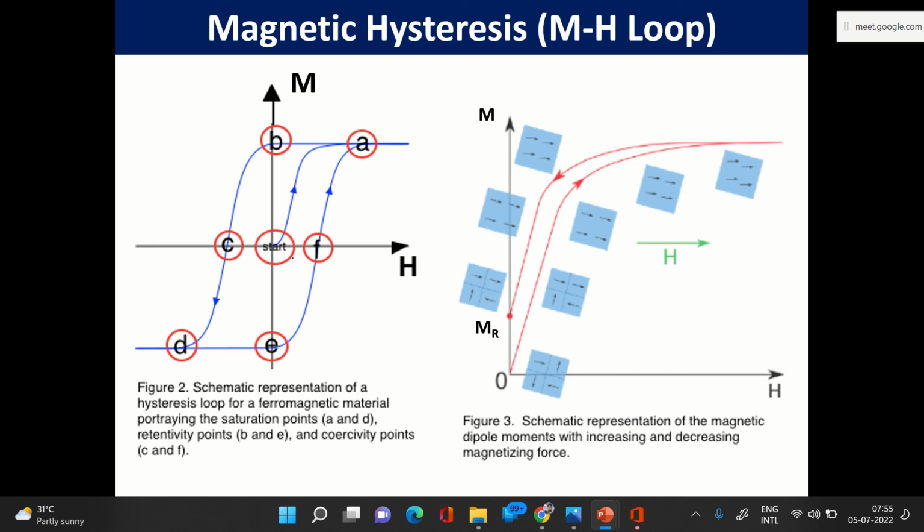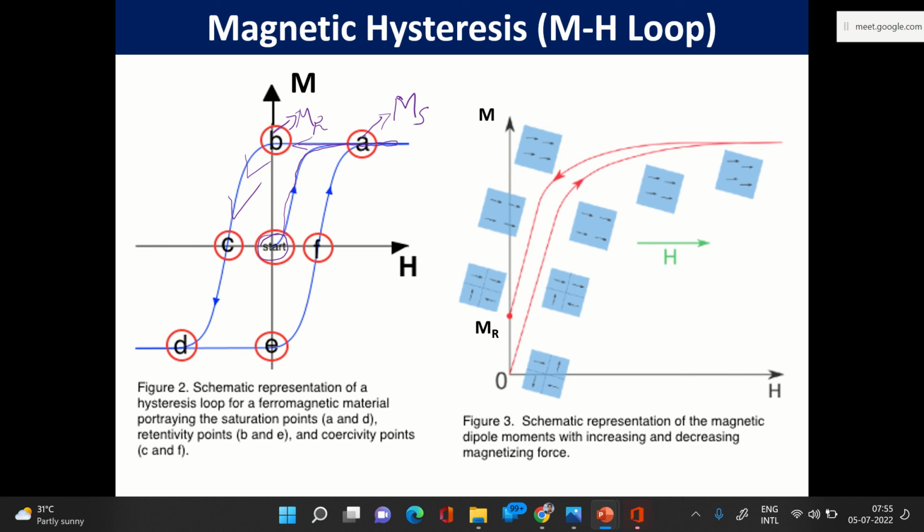So A, B, C, D, E, each of these points you should be able to explain. Start from here, then move up to this, then reverse, go to this path. B is the saturation magnetization MS. This is MR, remnant magnetization, the magnetization that remains even after removing the magnetic field.